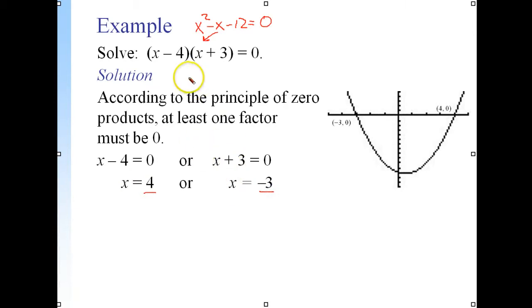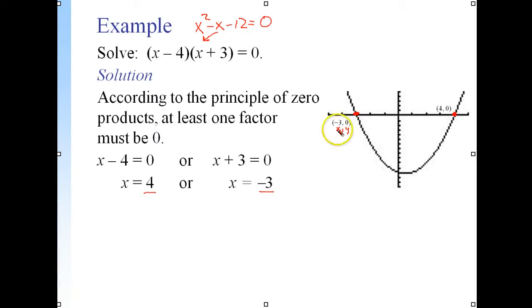Now notice, if you were to put this in a graphing calculator, and say graph it, this is what the graph would look like. It's a parabola, quadratic equation, and notice it's crossing the x-axis right there and right there. And what are the coordinates of these points? Well, x and y.